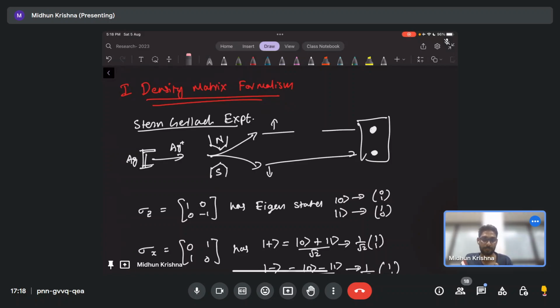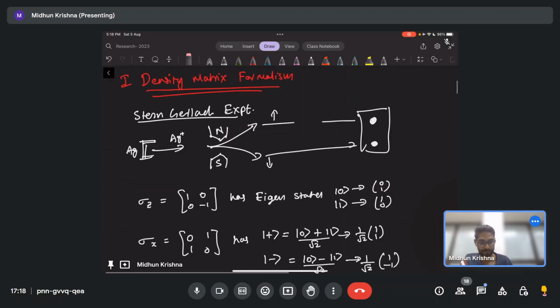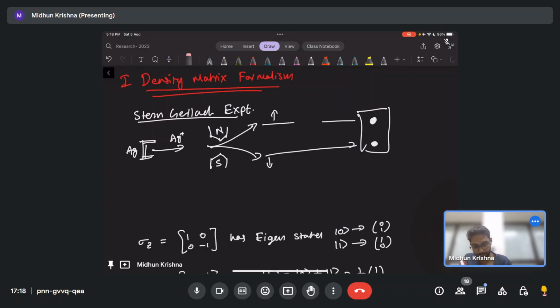So how do we represent this experiment mathematically? That's the first question. The spin of the silver atom, the total spin of the silver atom, effectively is just half, which means the total angular momentum.